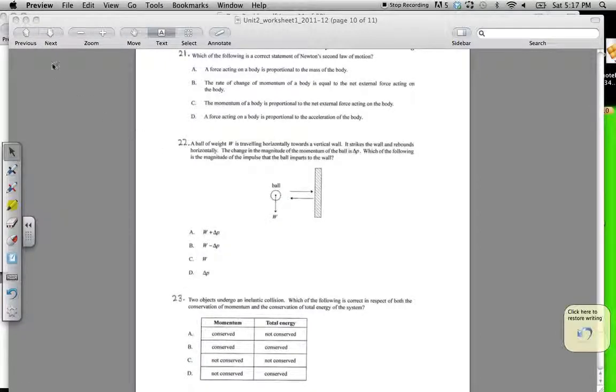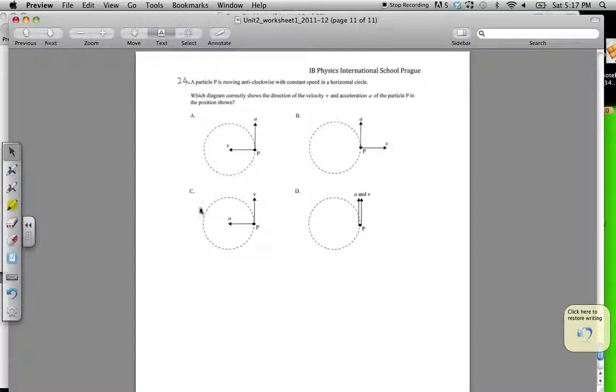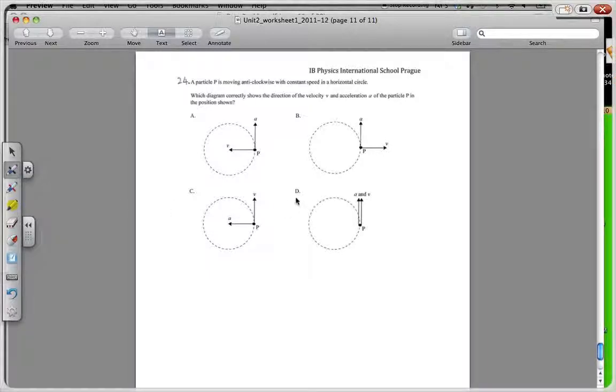And so we just go over the page to our final question, and we have this one. It's dealing with circular motion. A particle P is moving anti-clockwise with a constant speed in a horizontal circle. Which diagram correctly shows the direction of the velocity and the acceleration?